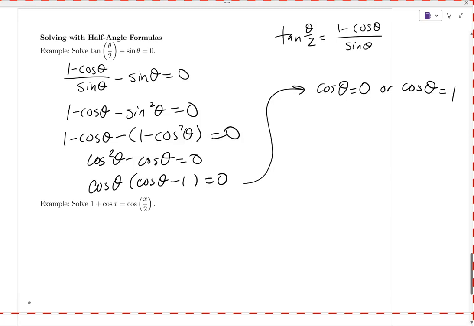So the first one says cosine theta is equal to 0. The second one says that cosine theta equals 1.